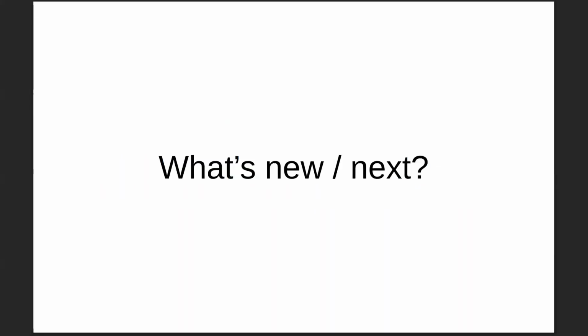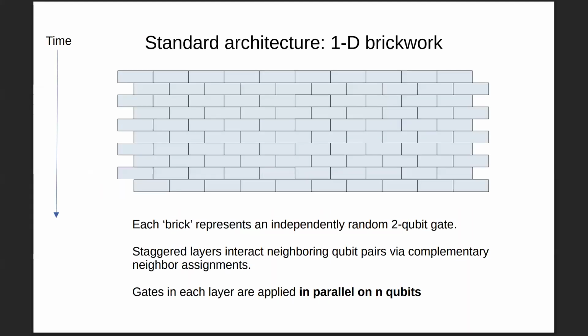So what's next from here? Well, there are some standard architectures that are studied as physical models, or what one might think of as not very structured models. One of them is what they call one-dimensional brickwork, where you're on a one-dimensional nearest neighbor line, you pair off the neighbors, apply random gates to the pairs, and then you pair off the neighbors the other way.